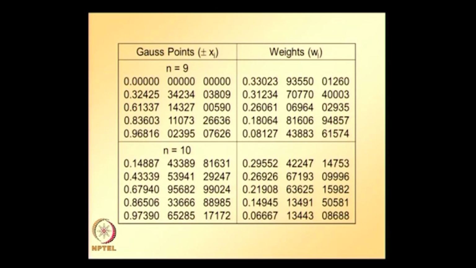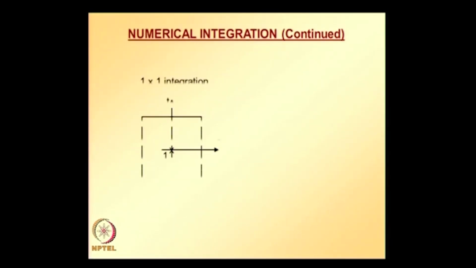That space means that, depending on the accuracy that is required, we can go for more significant digits, otherwise we can chop off at that location where the space is. So for 1 by 1 integration, the location and the corresponding weight are given here.